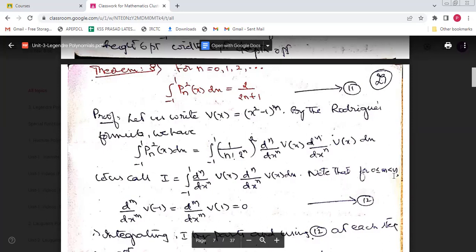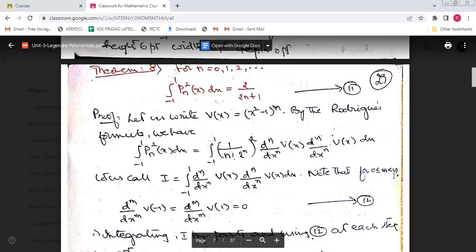For example, if you consider x square, what is the first derivative of x square? 2x. What is the second derivative? 2. What is the third derivative?